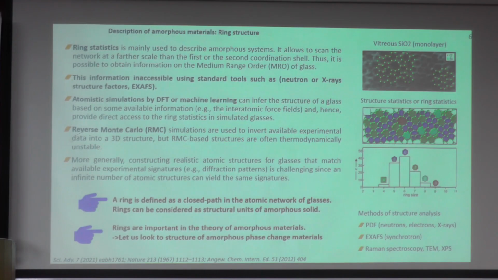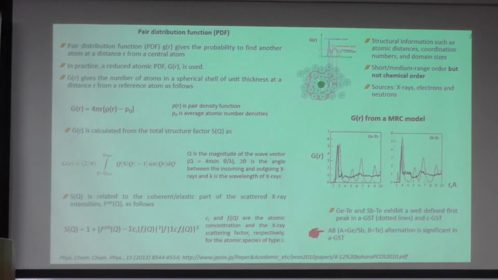We will also learn about another definition. And these rings are important in the theory of amorphous solids. So now also one method of how to study the structure of amorphous solids. This is the so-called pair distribution function.